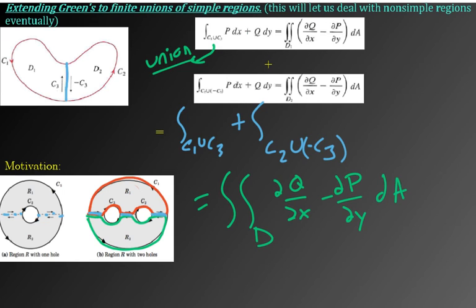So it gives us a natural way to combine. The nice thing is, this region right here is equivalent to the line integral of curve 1 union curve 3 union curve 2 union minus curve 3, which simplifies because this and this go away, and you get curve 1 union curve 2.